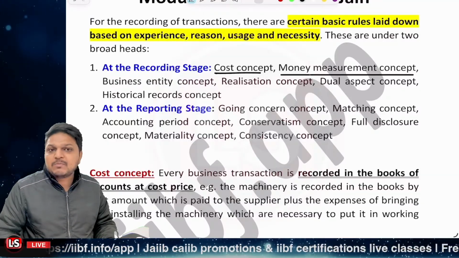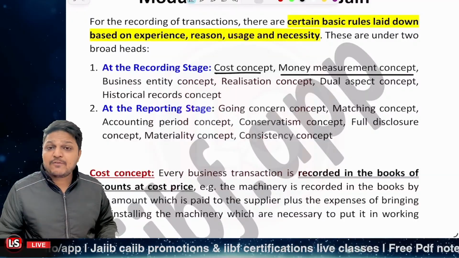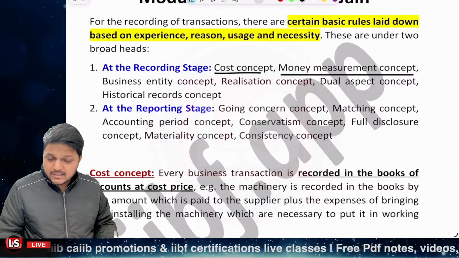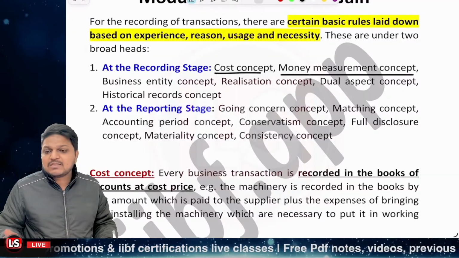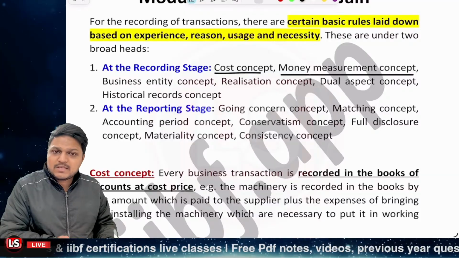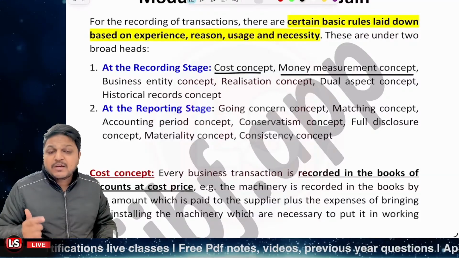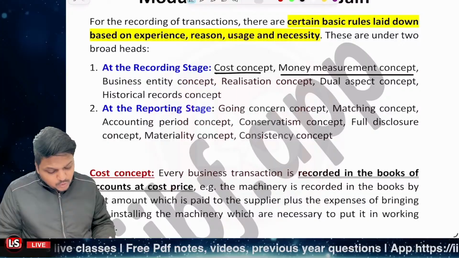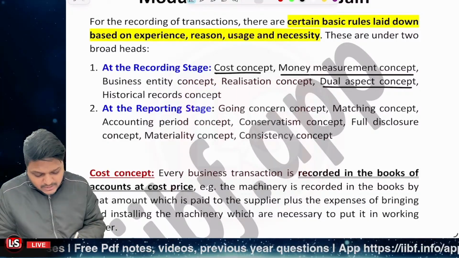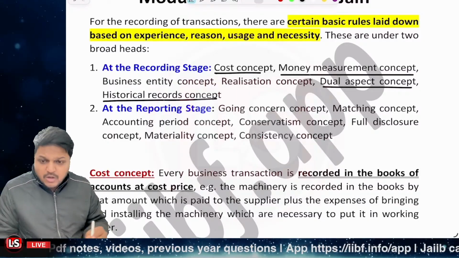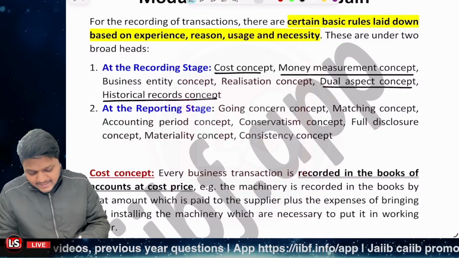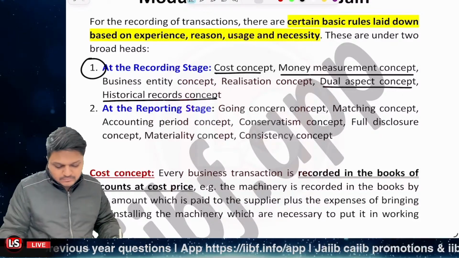Business entity concept means the business is different from the owner, because any money given by the owner to the business is a liability of the business. Realization concept, dual aspect concept, historical records concept, these are all concepts available at the recording stage.